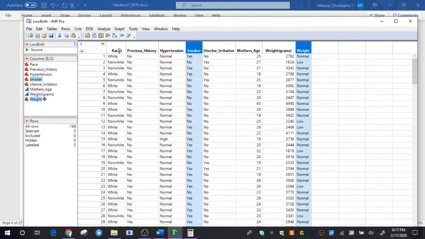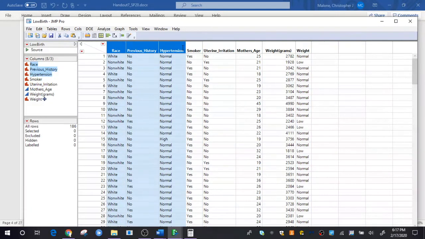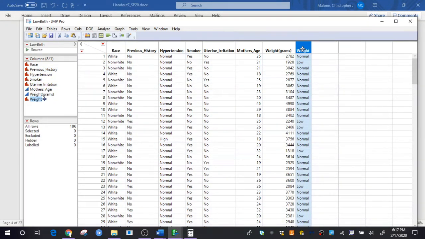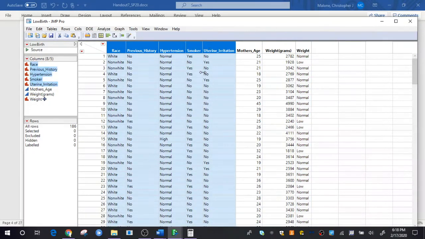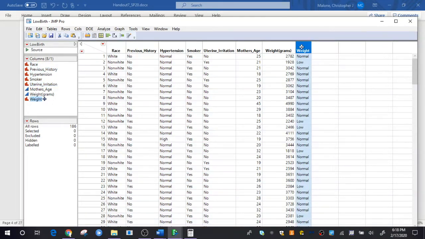These variables here, the race, previous history, hypertension, smoker, and uterine irritation, are all potential what we would call risk factors for whether or not a mother is going to have a low birth weight baby. We might want to look at which of these risk factors is most important in predicting whether or not a mother is going to have a low birth weight baby. Through the analysis that we're going to do here in Handout 7, we can identify that.